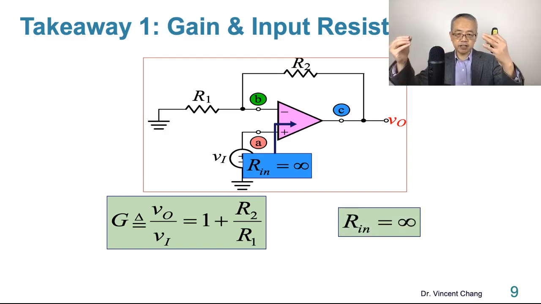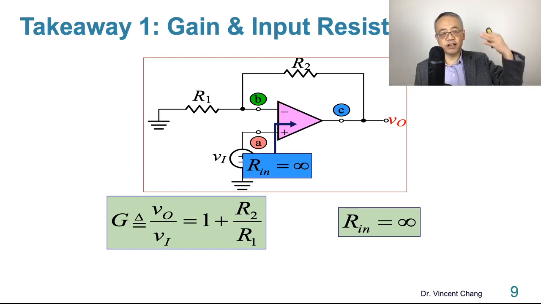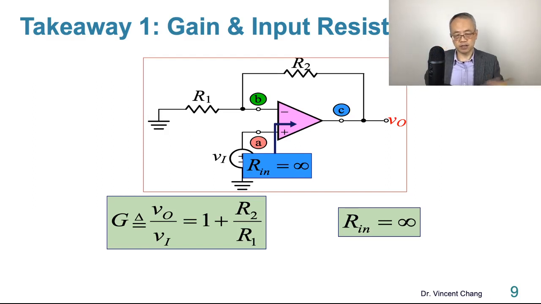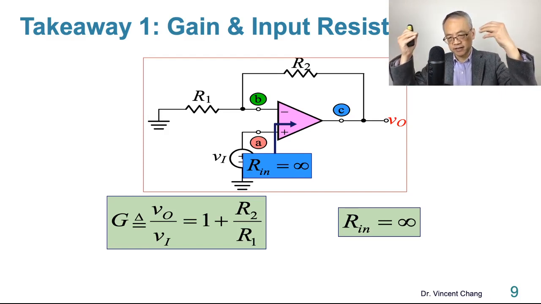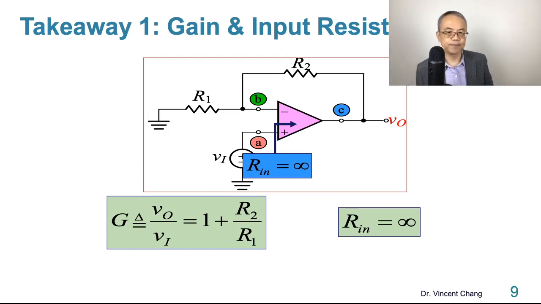Do you have to consider any trade-off between the input resistance and the closed loop gain, as we did in the previous inverting amplifier? No, you don't have to consider this kind of trade-off. You can have a high input resistance and a high closed loop gain.